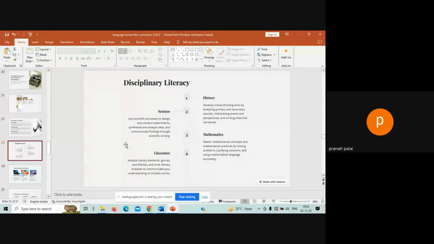In literature, analyze literary elements, genres, and themes, and write literary analysis to communicate your understanding of complex works. In mathematics, master mathematical concepts and practices by solving problems, justifying solutions, and using mathematical language accurately.